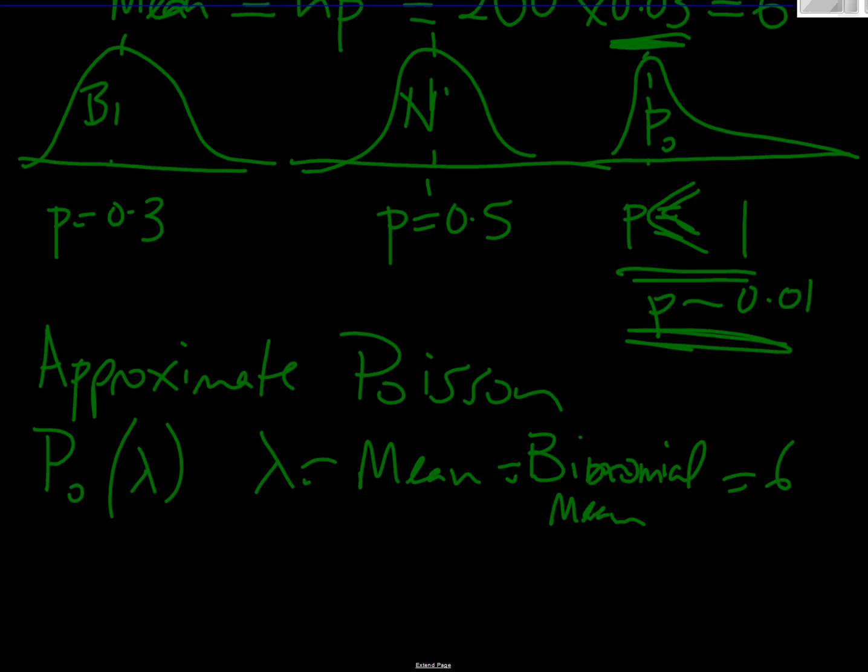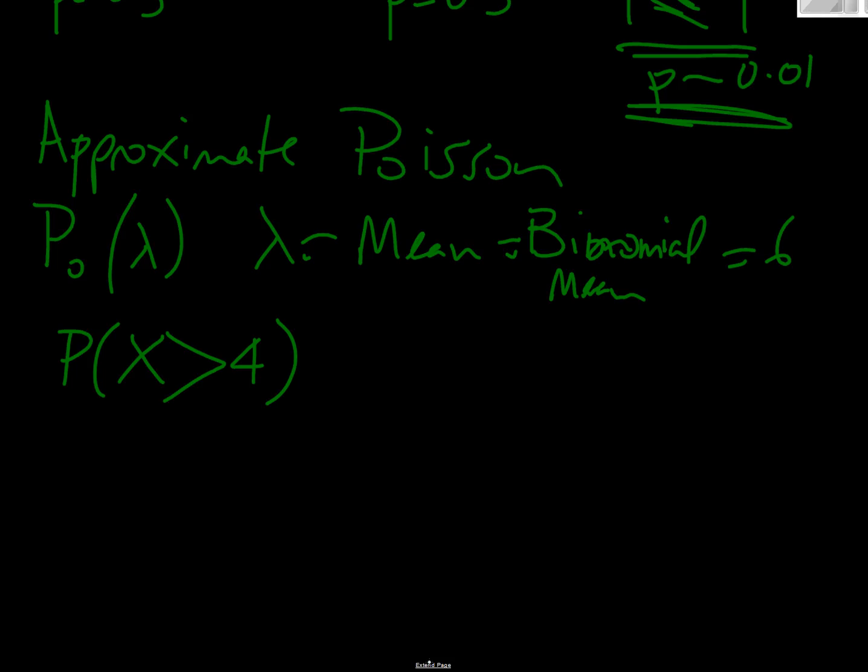And what are we going to do here? Well, they've asked us in the question to find the probability that X, the number of scratches, is greater than 4. I will draw a number line here just to make us think about it. In this case, we could have had no scratches at the bottom, and 200 is the maximum. And what we've got is 1, 2, 3, 4, and 5.